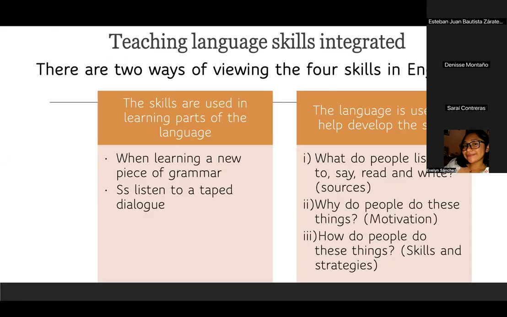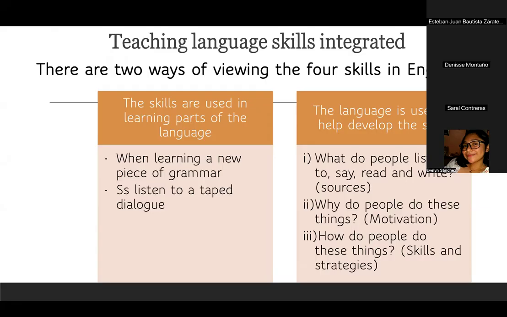When we talk about something they can understand, it is because we are going to start focusing on receptive skills. In this case, students are able to understand what they read or what they listen to. And then, based on that understanding, they are going to start using the language. In this case, they are going to write, they are going to speak, they are going to produce a written or an oral text.